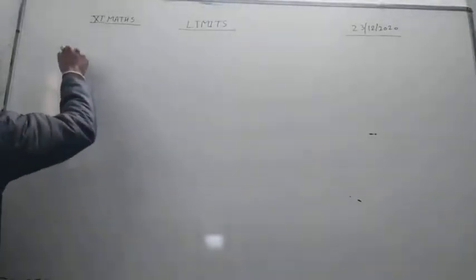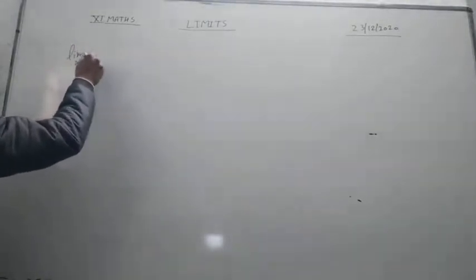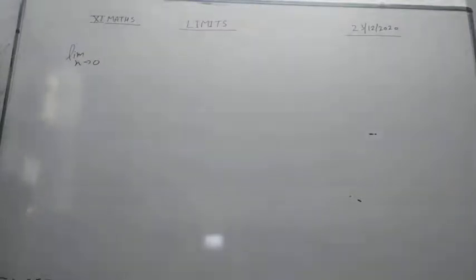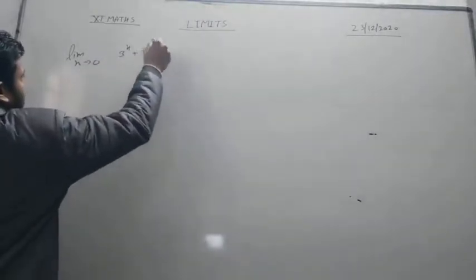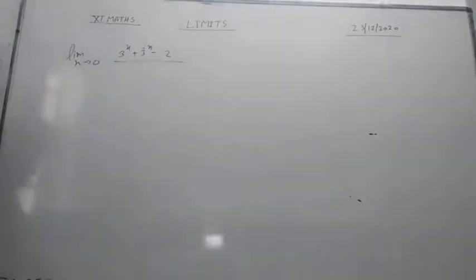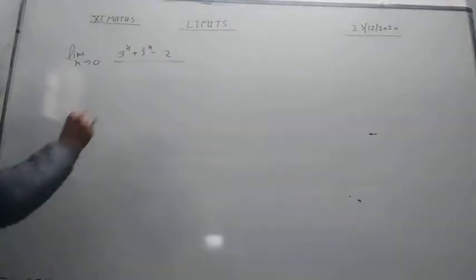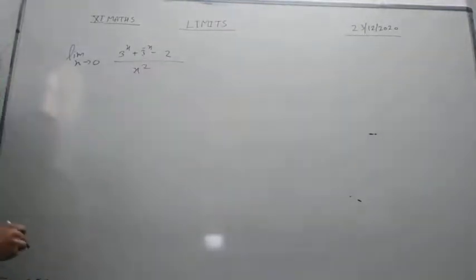Next question is limit x tends to 0, (3^x + 3^(−x) − 2) / x². Okay student, so this is our question and we have to find the limit of this question.